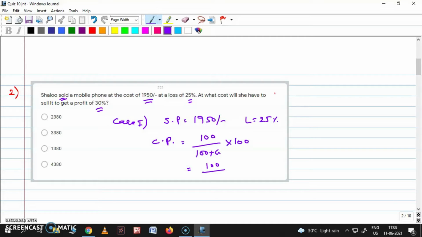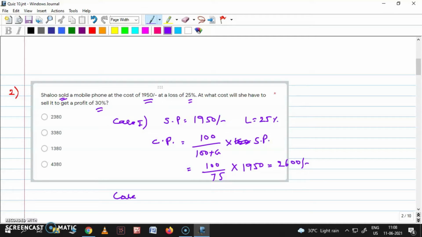So 100 minus loss of 25 is 75. Sorry, this is not 100, this is the selling price. So the selling price is 1950 rupees, which gives 2,600 rupees. This is the cost price in case 1. Now we need to move on to the second case.